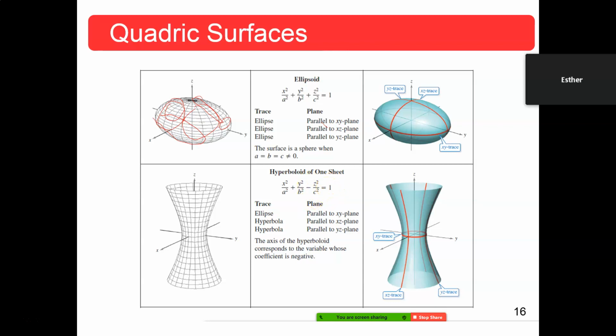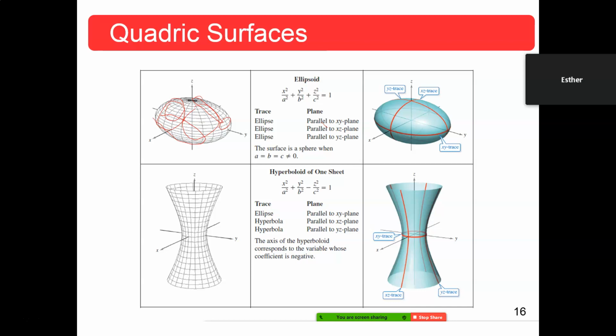It cannot happen. So therefore, the z, that is your axis, and there's actually no place where your x and y can both simultaneously be 0, basically.